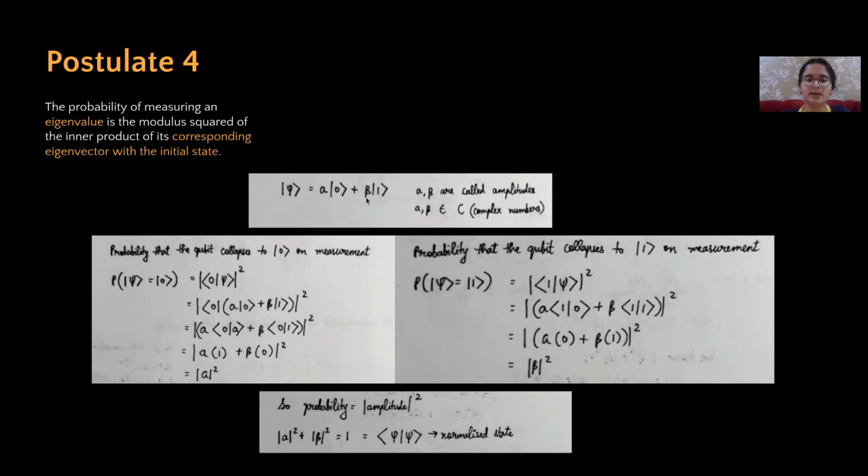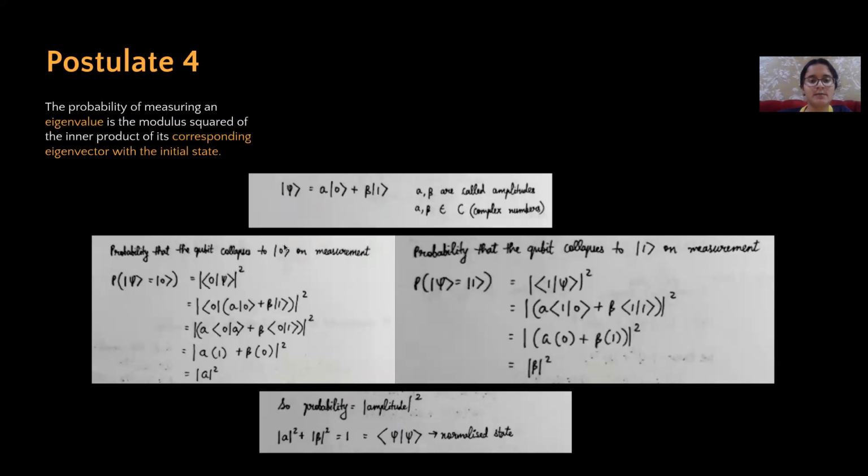We know that the qubit exists, and the probability of that is 1, which is denoted by this inner product. Then on measurement, we can get either ket 0 or ket 1. So these are our two sub-events. We take their probabilities, alpha squared and beta squared, and sum them up together. That should also equal 1. So the simpler version of the rule is that the probability of measuring a given state is the amplitude squared, and the amplitudes are alpha and beta over here.